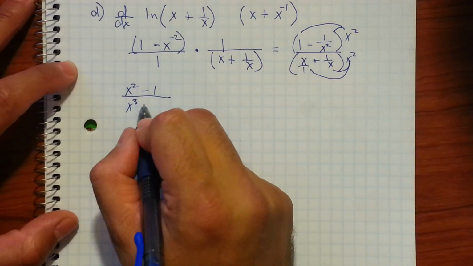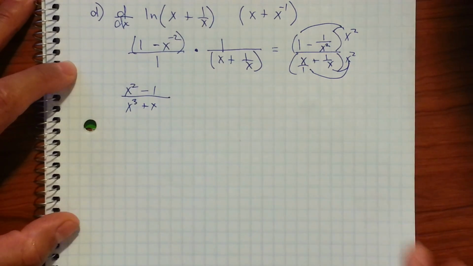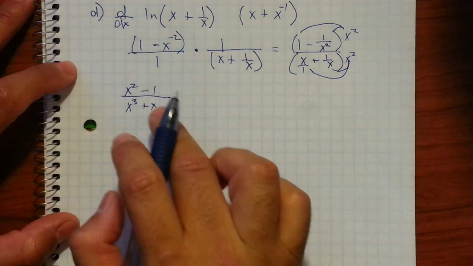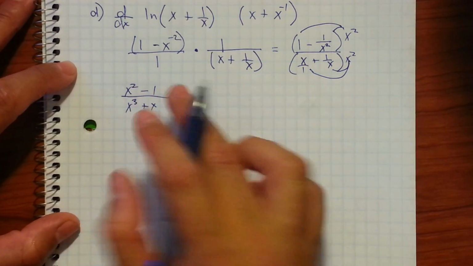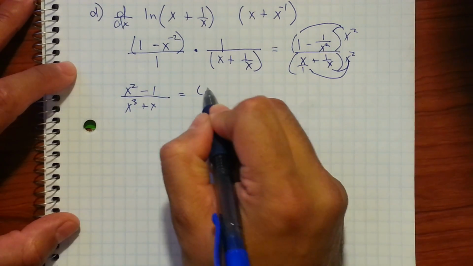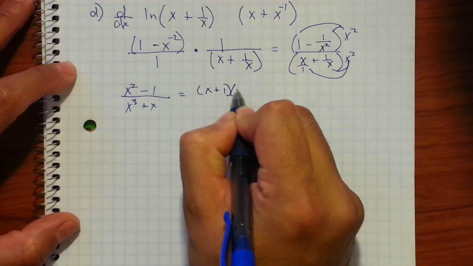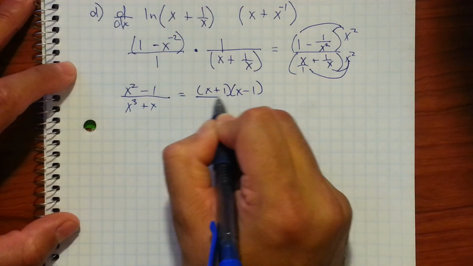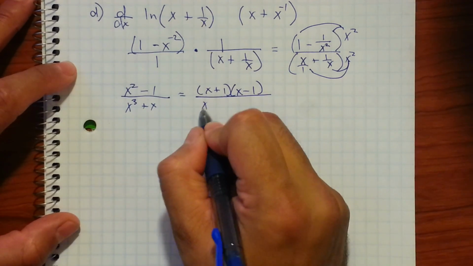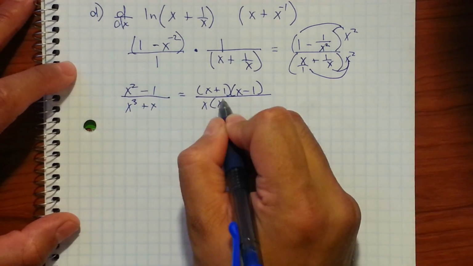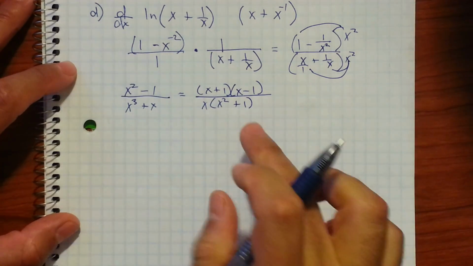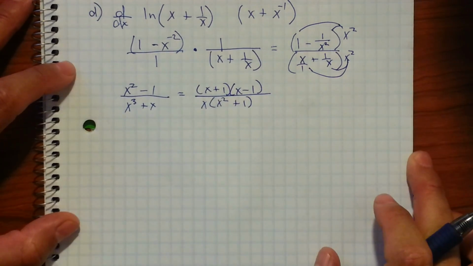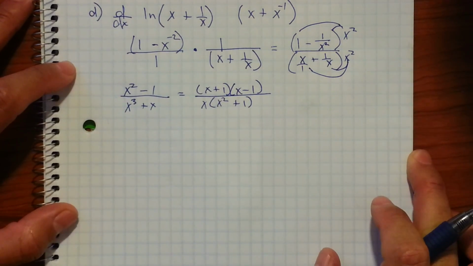X times 1 will give me plus x. Now, given this information, I could factor the numerator into x plus 1, x minus 1. My denominator is going to be x times the quantity x squared plus 1. So I factored it all to see if there's anything left I could take out of this. There isn't.